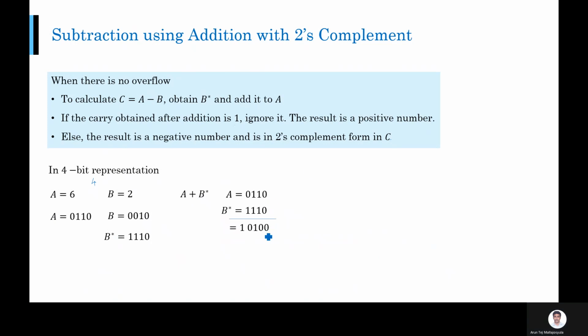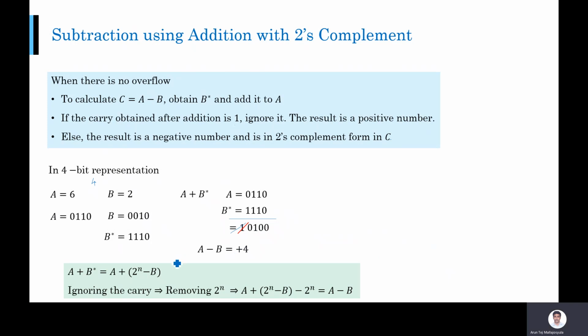The answer is 0010 and I'm getting a carry 1. If the carry obtained after addition is 1, ignore it. The result is already the positive number that you want. So my answer is simply 0100, which is 4. So this end around carry issue is not there.